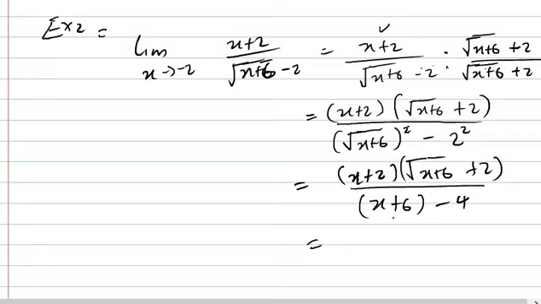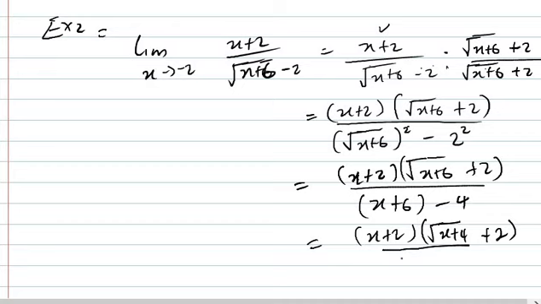Then we can say x plus 2 times the root of x plus 4, plus 2 together. The x plus 4 is in the root, and the plus 2 is independent of the root, so the root doesn't contain 2.